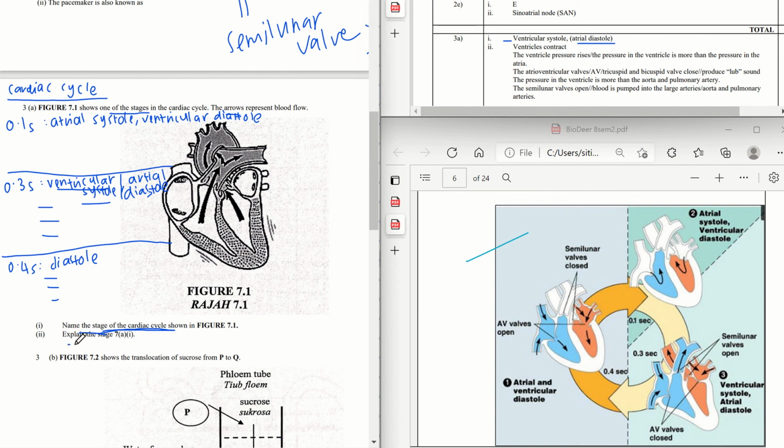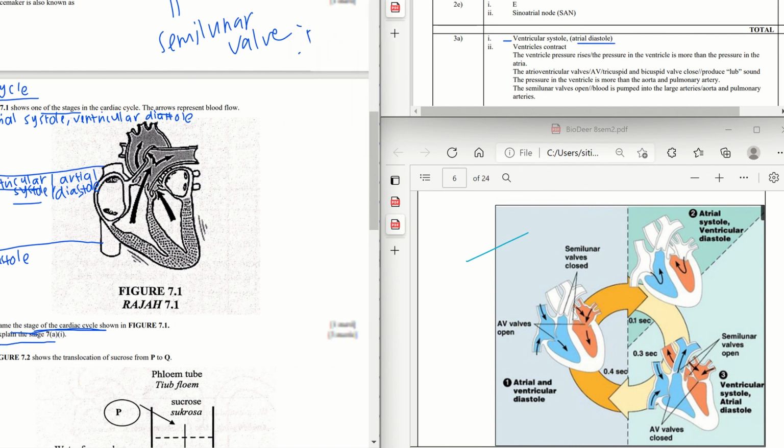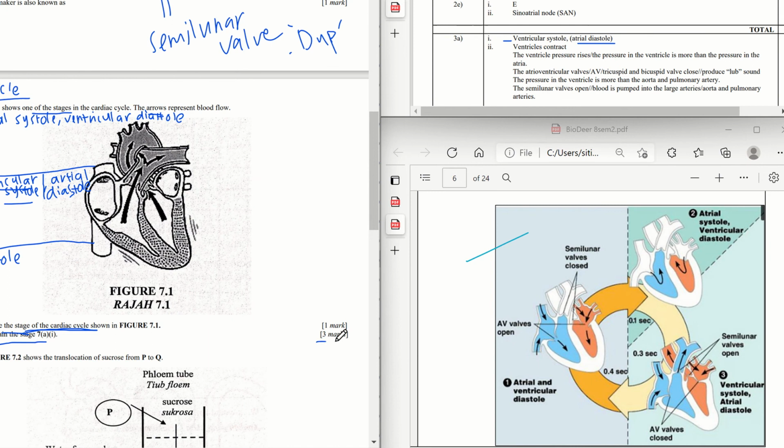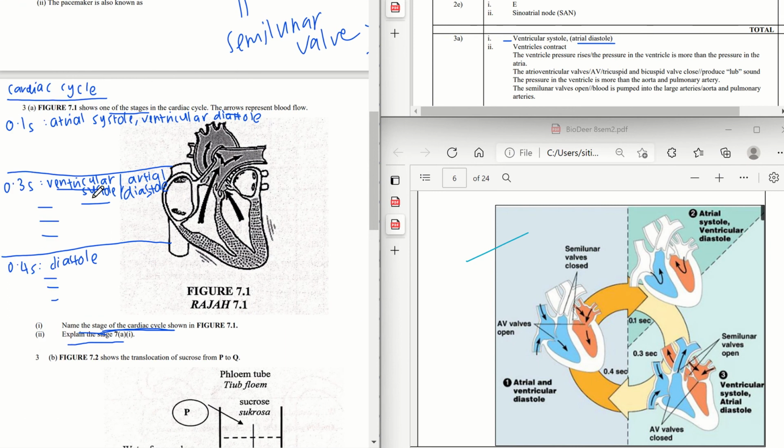Okay, so explain the stage. You tengok markah berapa? Okay, ada 3 markah. So apa jadi masa dekat sini? Okay, ventricle contract. Simple je. Itu markah pertama. Okay, and then markah kedua kita tengok kat sini. The ventricle pressure is more than pressure in atria. So dekat sini higher than atria. So AV valve tutup.